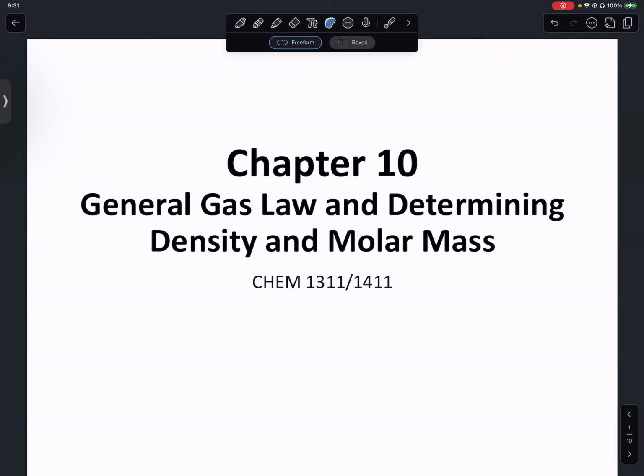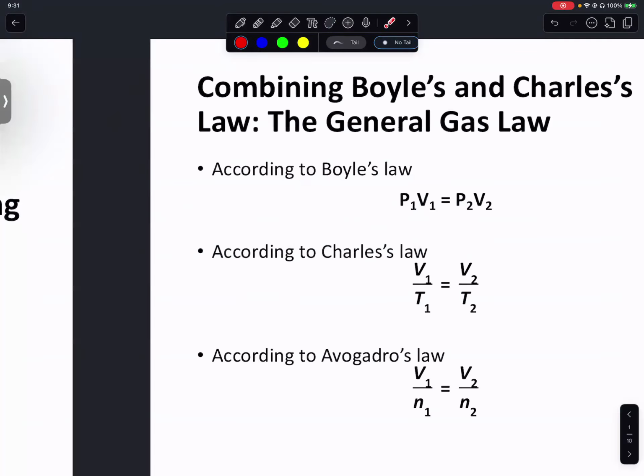In this case, I'm going to show you how to use the general gas law. And we will continue by talking about the application of the ideal gas law, which is determining the density and molar masses of unknown gases.